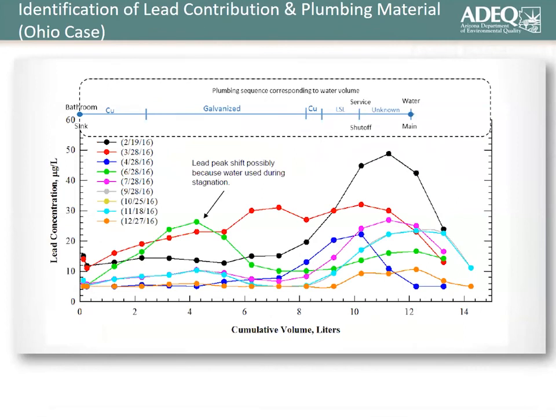This is ideally how you graph out your results when you use sequential sampling, looking at the peak concentrations of lead. This came from an EPA peer-reviewed and published article as an example of what we use and look at. You're cross-referencing the type of plumbing material at the very top with the blue line: copper, galvanized, copper, lead service line, and then unknown.